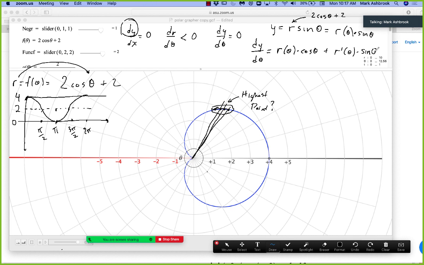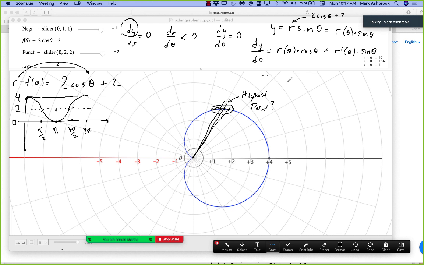So there's my dy/d theta. For all polar functions, dy/d theta will be r of theta times cosine theta plus r prime of theta times sine theta.